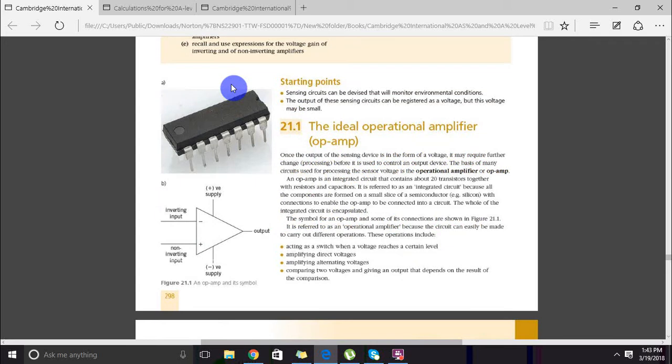So a lot of you must be familiar with sensing devices, like in ACs, because the internal circuitry of an AC constitutes a sensing device which is able to take note of changes in the temperature, right?